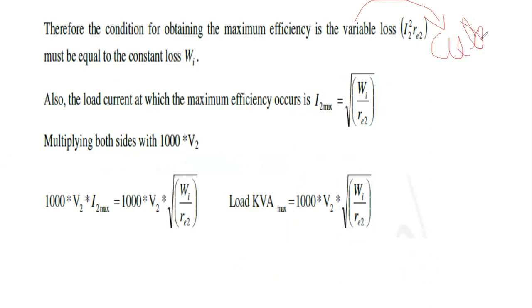Therefore, the variable losses, that is the copper losses, will be equal to the constant losses. Then only the maximum efficiency is obtained. What are the constant losses? That is the iron losses.